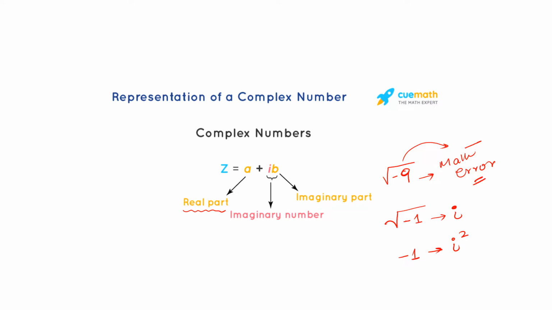And when a real number and an imaginary number are written together, they are said to be complex numbers. Let's identify the real part and the imaginary part of a complex number. As we already know, a plus bi is a way to represent a complex number.